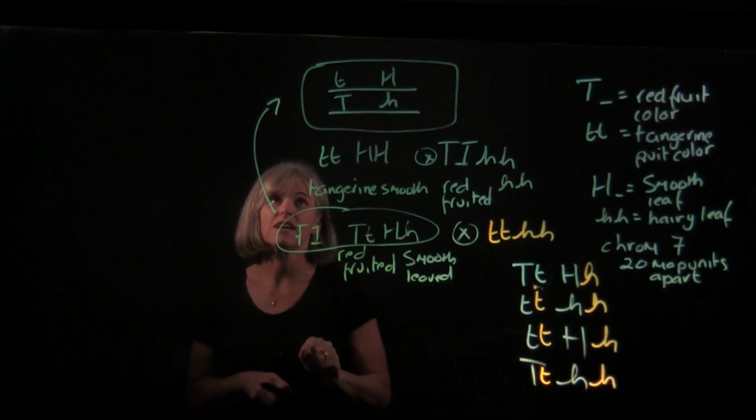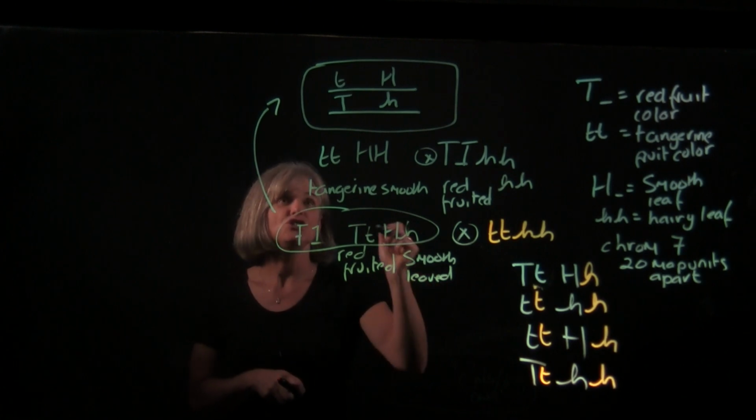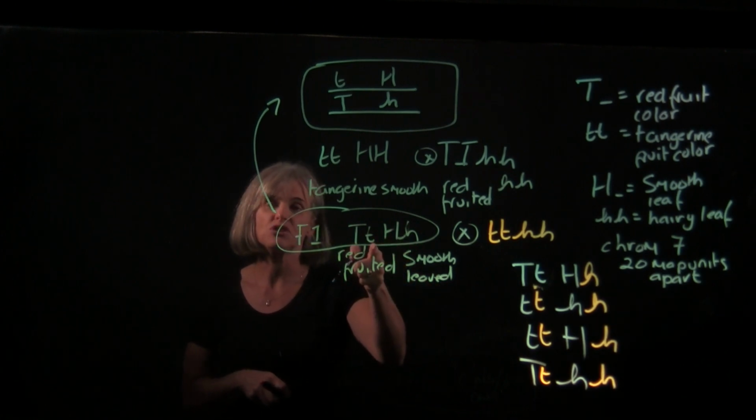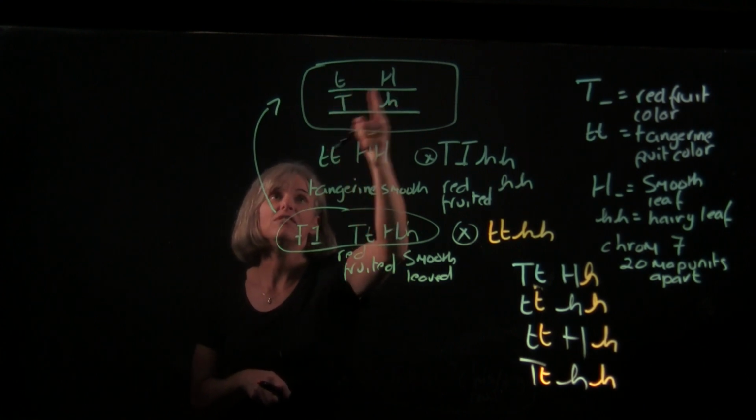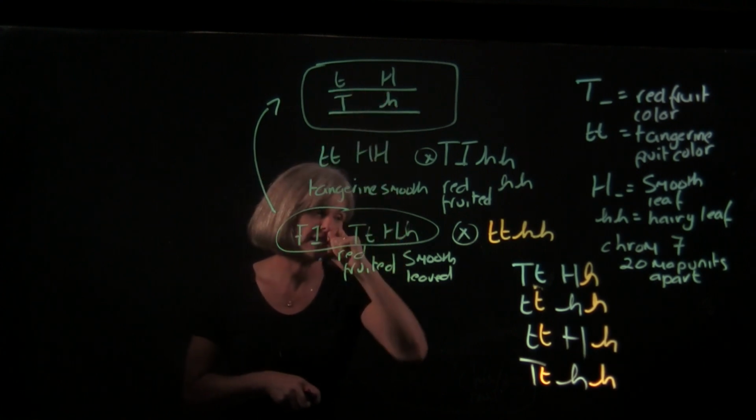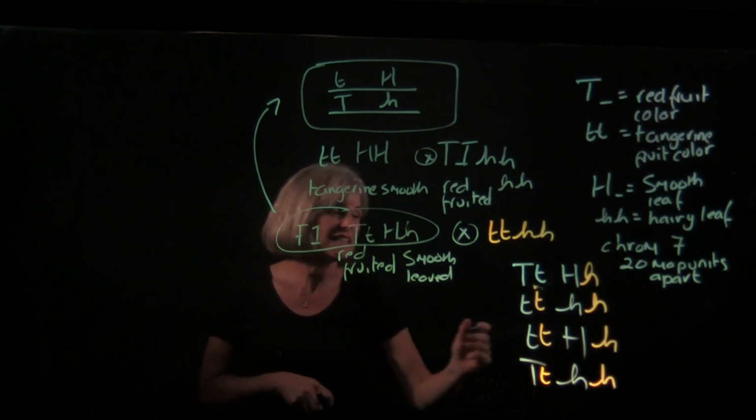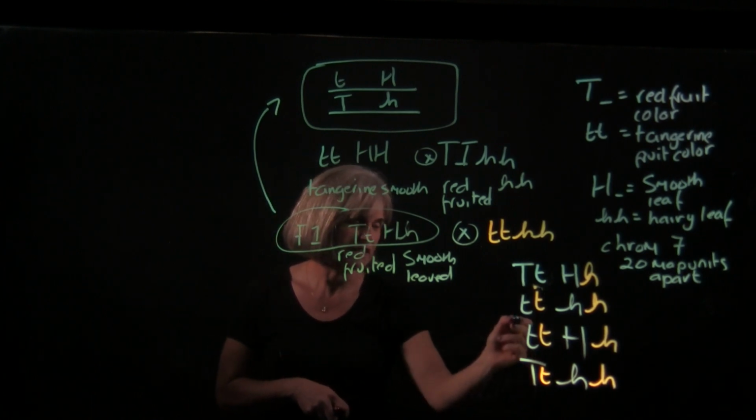We would expect, therefore, that the majority of the gametes produced from this parent would have one of these combinations. Indeed, we would expect 80% to have one of these combinations.